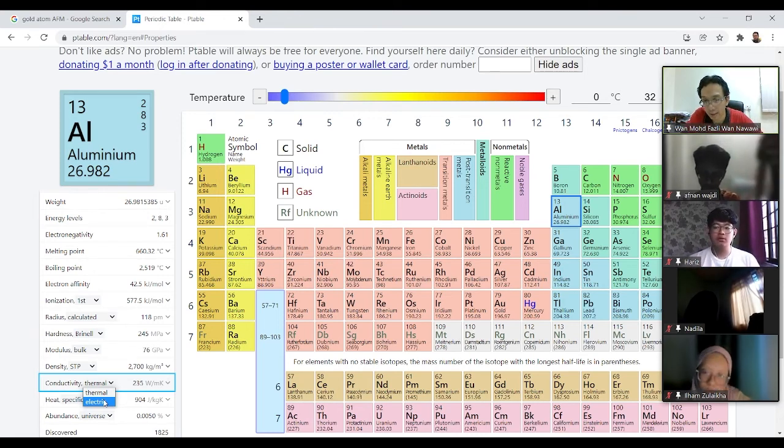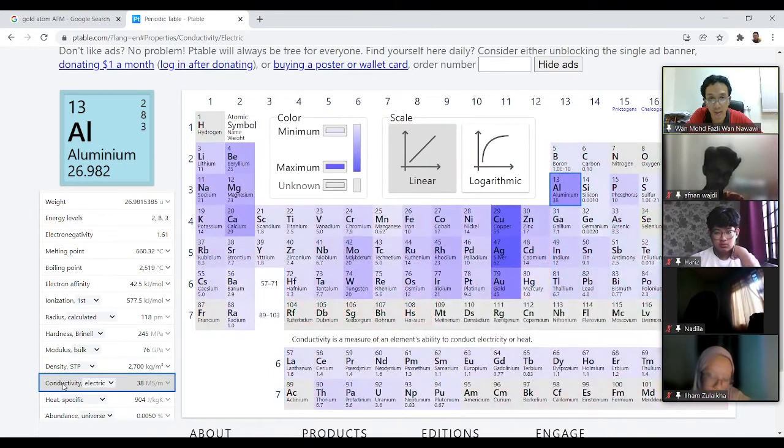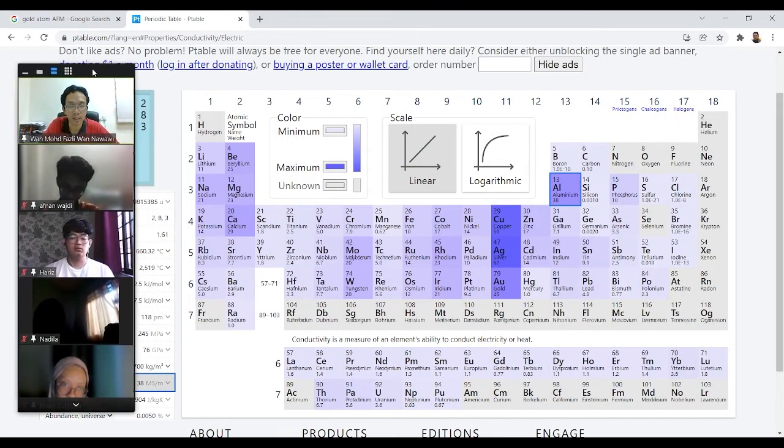If I click electric here, you can see the color. The darker the color, the better the conductivity.